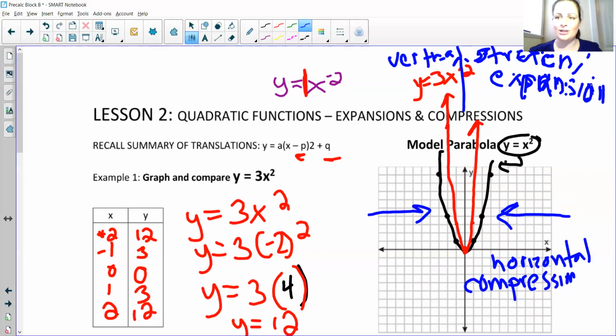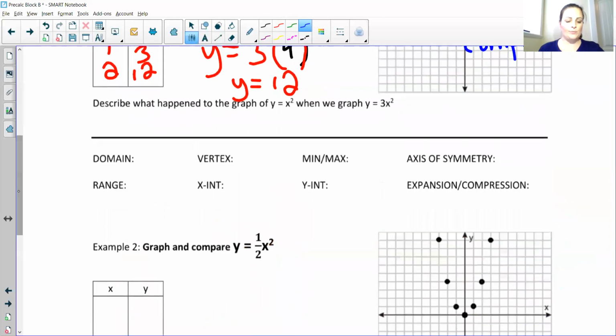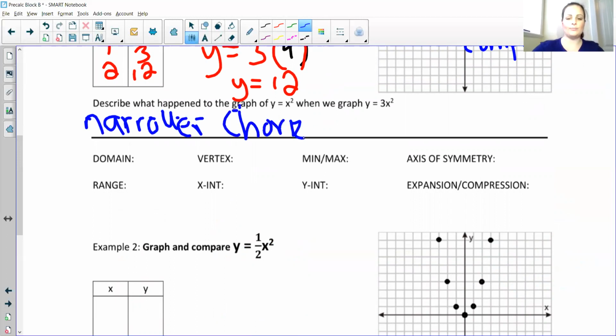It's vertical stretch or vertical expansion. So what happened? It became narrower, which we call a horizontal compression. It's horizontally compressed.